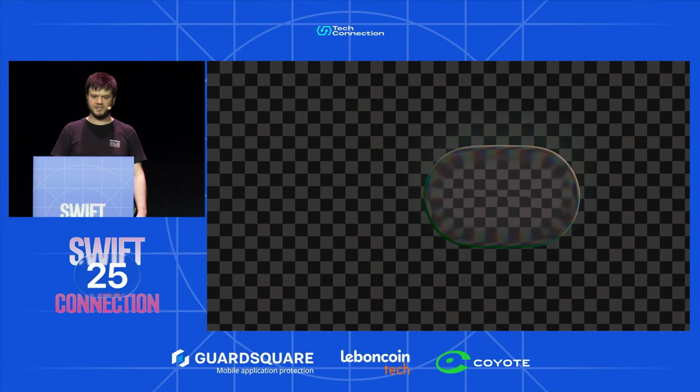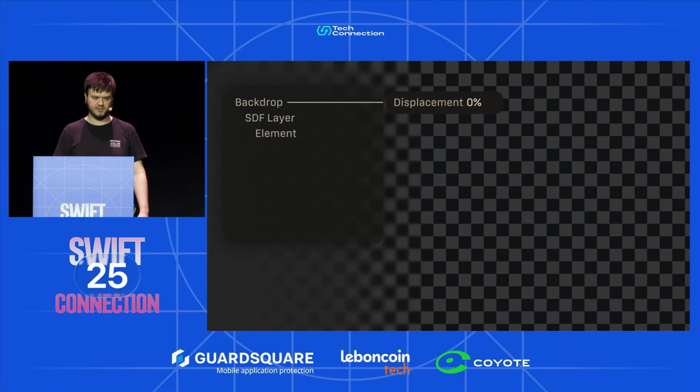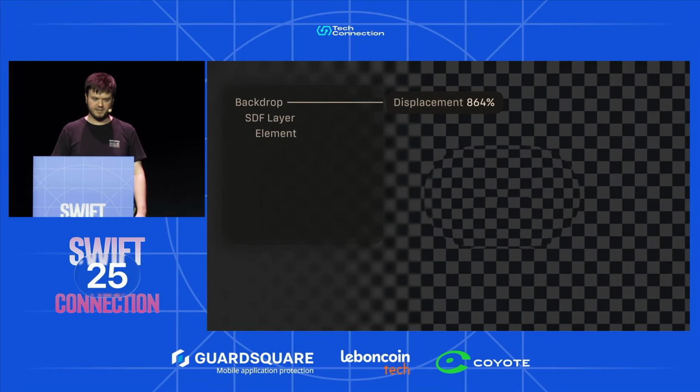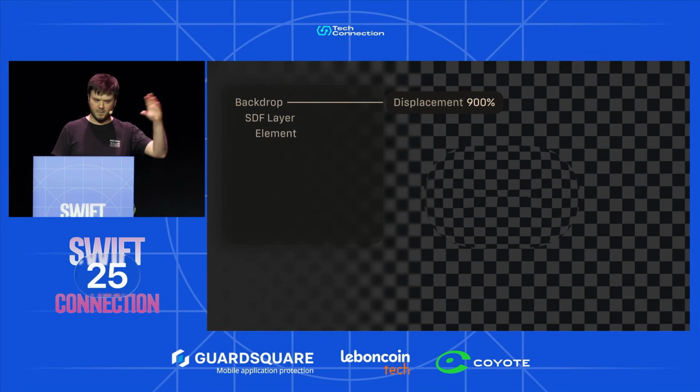I'm going to build the effect up one part at a time, starting with the displacement of the background, which consists of a backdrop layer with a displacement map filter, which is yet another filter. And that does the part that displaces the content, and it bases that displacement on that SDF normal map that's generated.